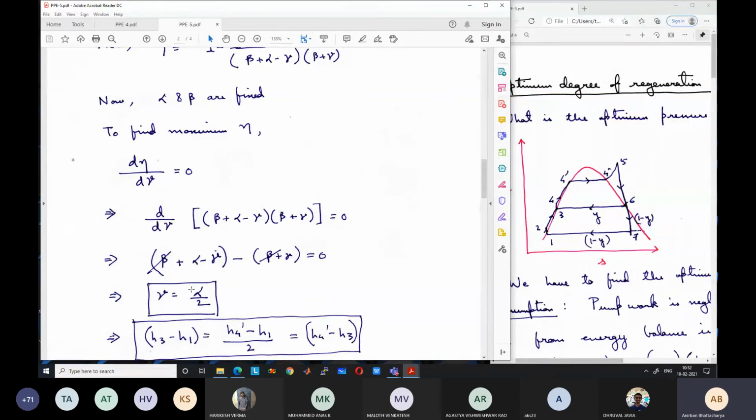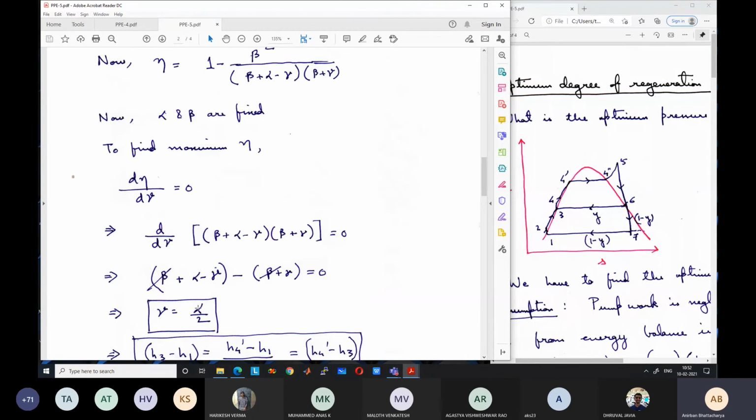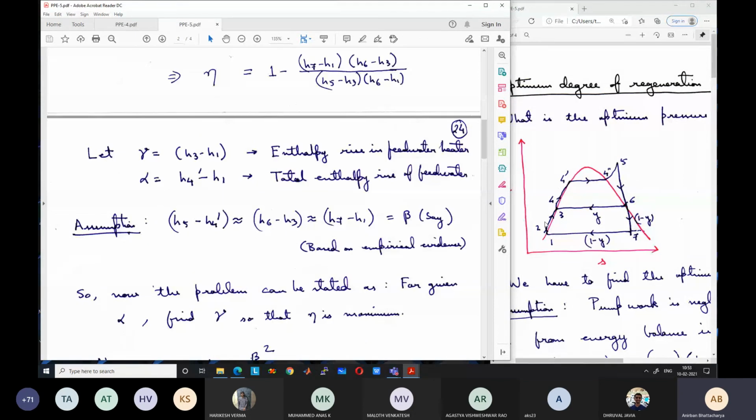So it is equal to alpha by 2, or in terms of enthalpy, gamma was H3 minus H1. So H3 minus H1 is half of H4 dash minus H1. In other words, 3 is at the center between 1 and 4 dash.